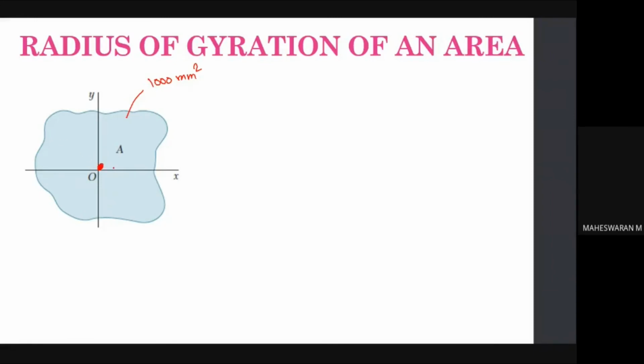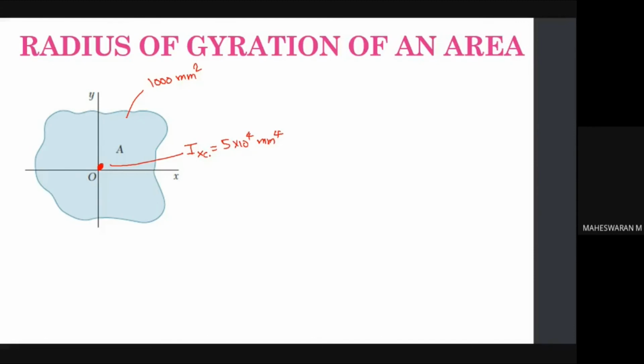Let me consider this moment of inertia, Ixc, is around 5 into 10 power 4 mm power 4. This is just a reference, I'm writing it for convenience, to understand in a better way.